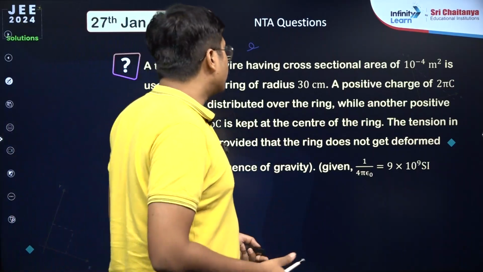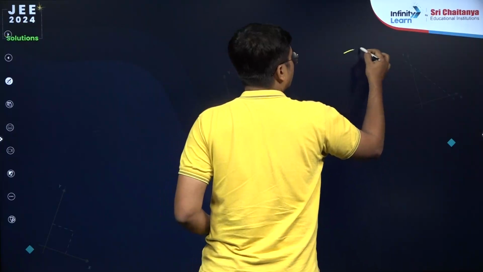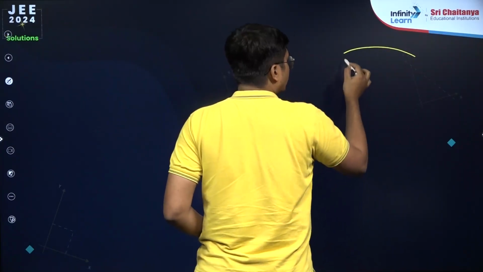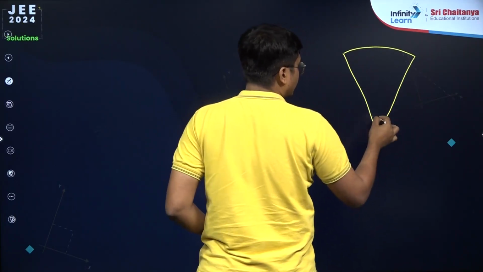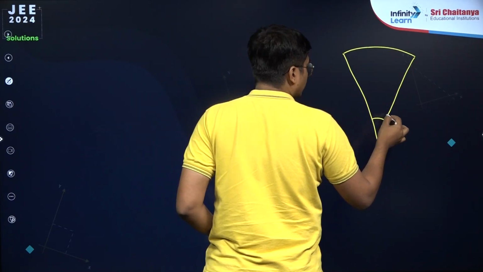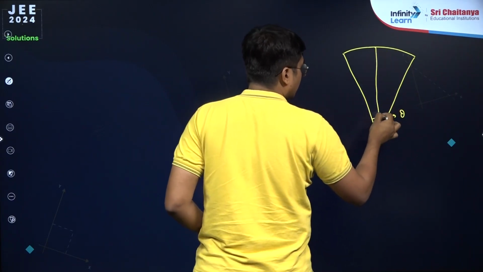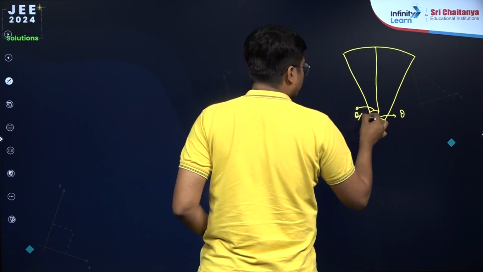To solve this question, we think of a very small portion of the ring, and over here, the angle that it traces out at the center is, let's say, theta. We split it down the middle so that each side is theta by 2.